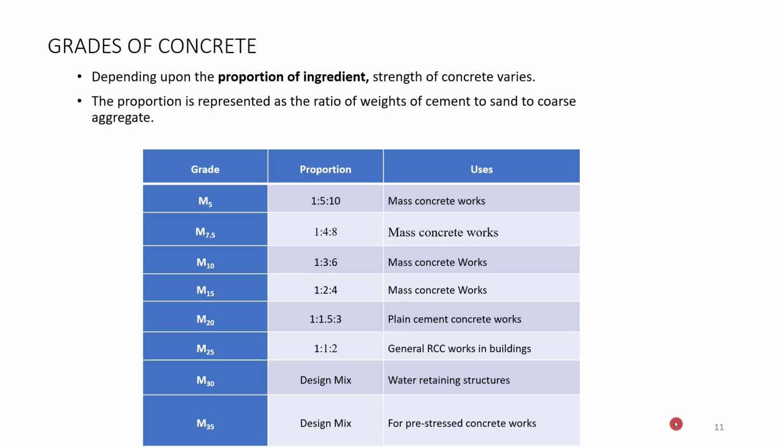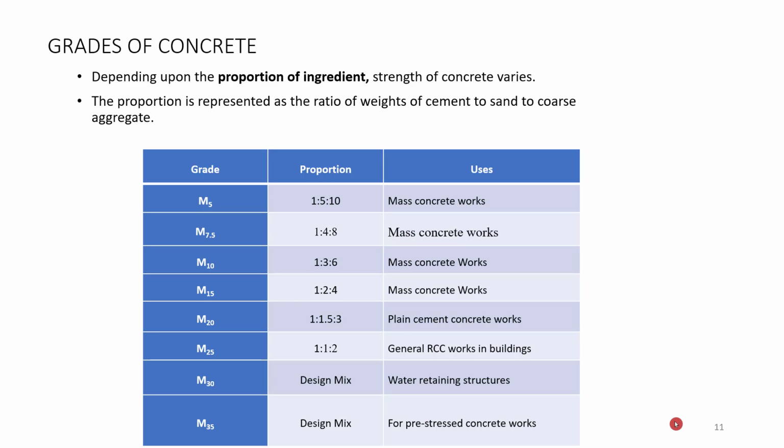So for heavy concrete works or buildings or structures taking very heavy loads, we have to go for the higher mix ratio. Till M25, if you are using the same type of cement, sand, and coarse aggregate, the proportion is fixed.